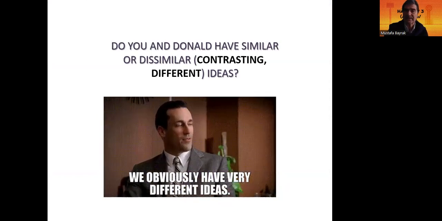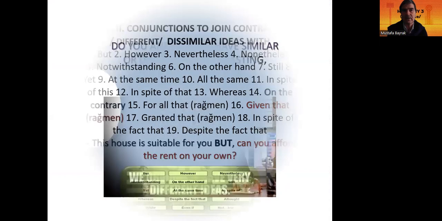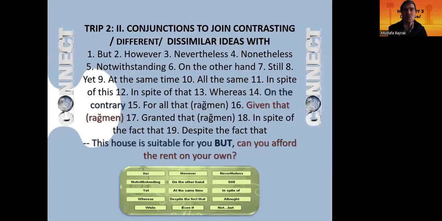We have contrasting ideas. Now, Roman number 2, conjunctions to join contrasting, different, dissimilar ideas, not similar ideas, with but, of course, the most famous one, the most common one, and 90%, 80% we use but.